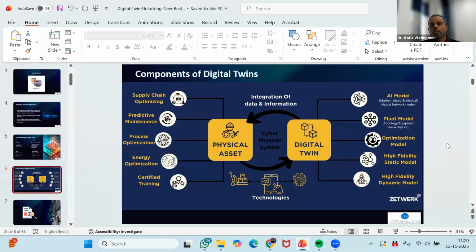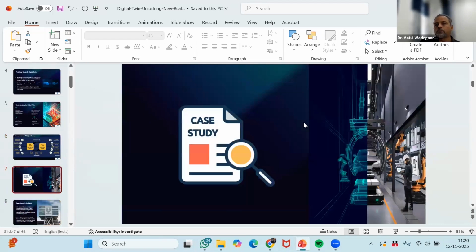On the right-hand side, when we talk about the digital twin, there are AI models, the plant model, the optimization model, high fidelity static models, and high fidelity dynamic models. These are the basic components of any physical and digital combination.